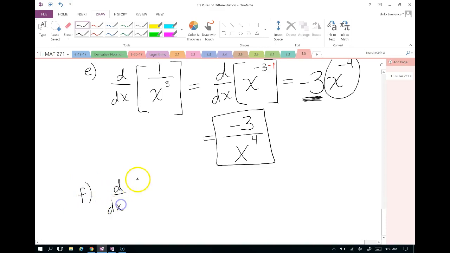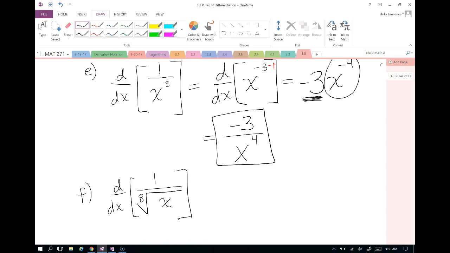And one more real quick, and we'll look at just a couple more rules. The derivative for 1 over the 8th root of x. We can rewrite this as just x to a power.